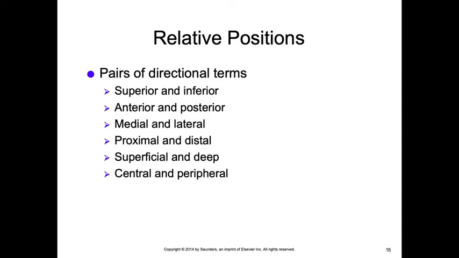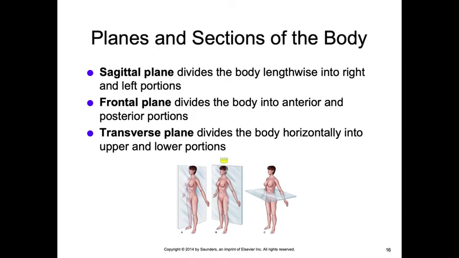So the heart would be central to the shoulders, and the knees would be peripheral to the stomach. So that would be an example of the use of those terms in telling people relative locations.